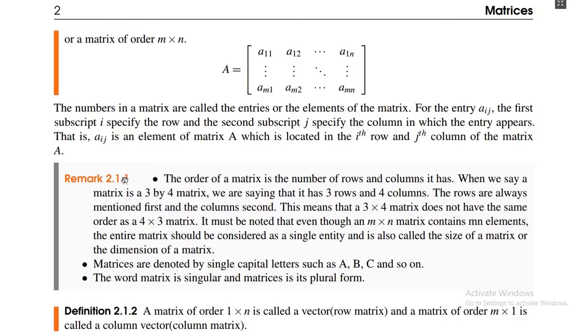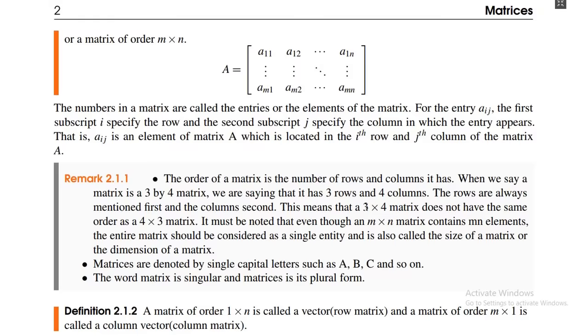Remark: the order of a matrix is the number of rows and columns it has. Therefore, when we say a matrix is a 3 by 4 matrix, we are saying that it has 3 rows and 4 columns. The rows are always mentioned first and the columns second.